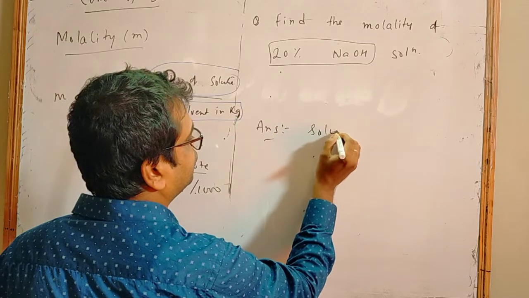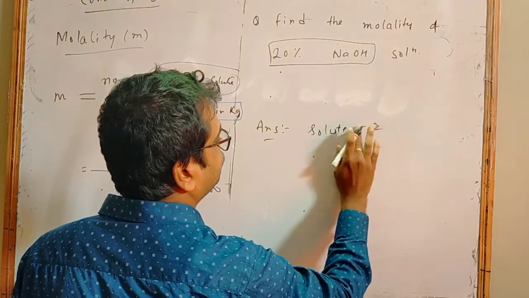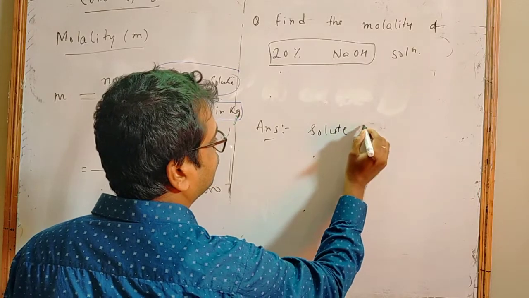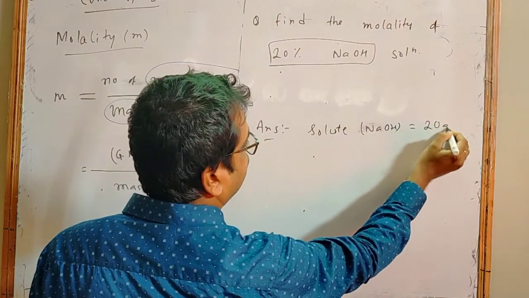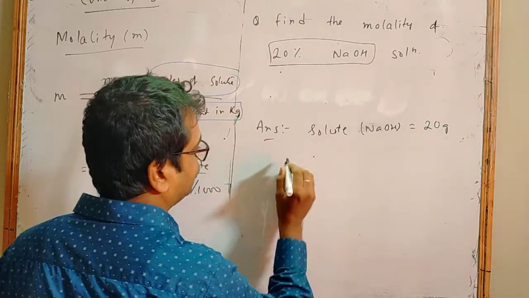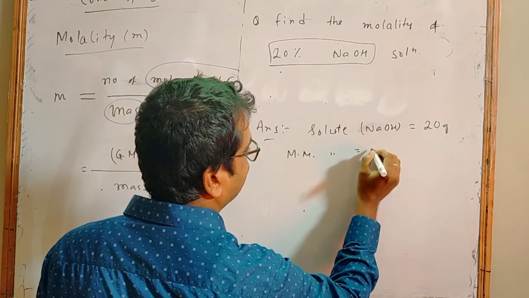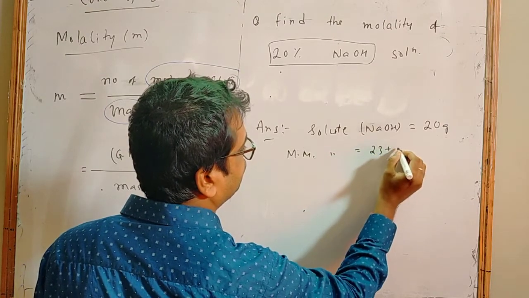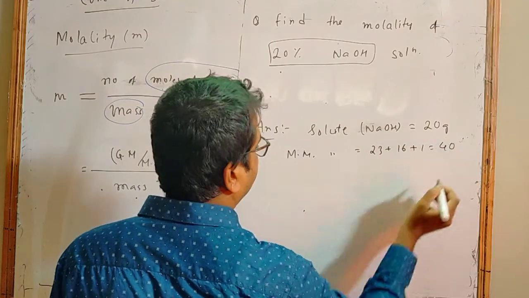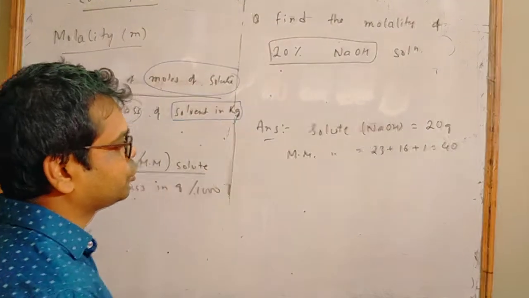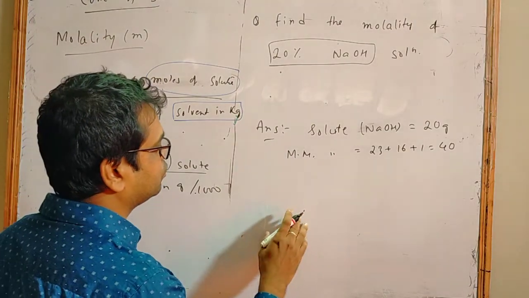It means that solute is your NaOH, which is 20 gram. Molar mass of solute is required in this case. Sodium takes 23, oxygen 16 plus 1, it is 40. You can write gram per mole also for this one, 40 gram per mole.